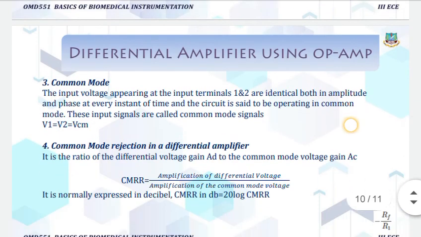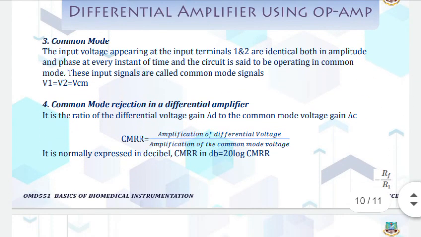Next one, common mode. In differential mode, both input voltages are the same with opposite polarity. So what about common mode? Here the input voltages are identical in amplitude as well as phase at every instant of time, and the circuit is said to be operating in common mode.